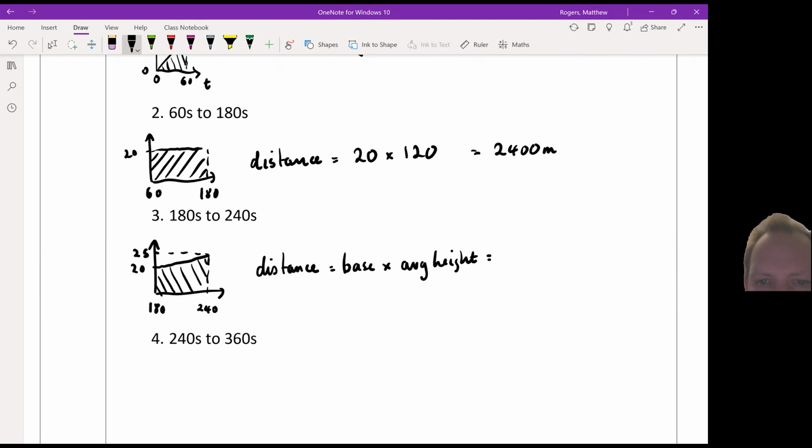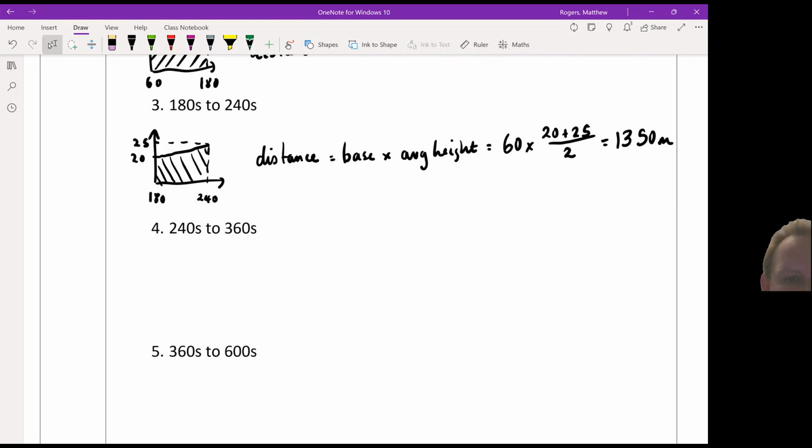So in this particular case, the base is again 60, and the average height, well, we can probably see it's 22.5, but if we say 20 plus 25 over 2, that's how we get the average height. That gives us a distance of 1350 meters.